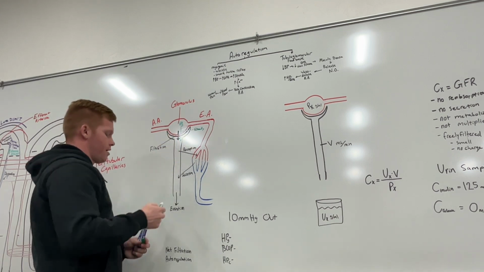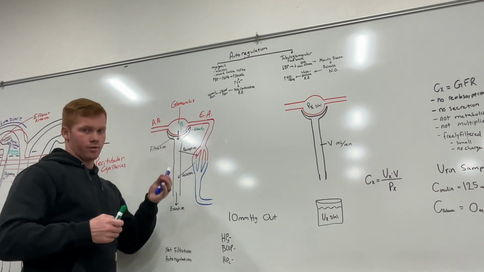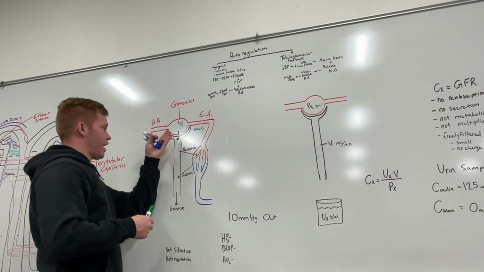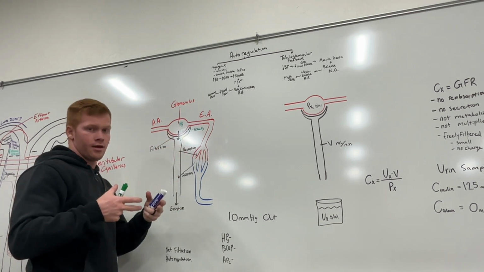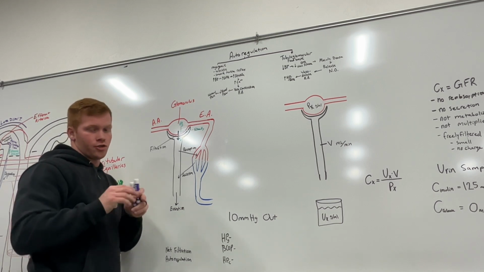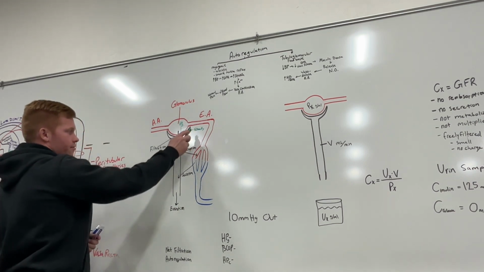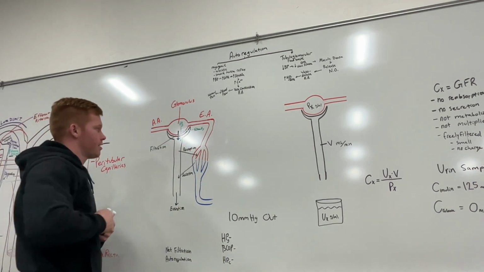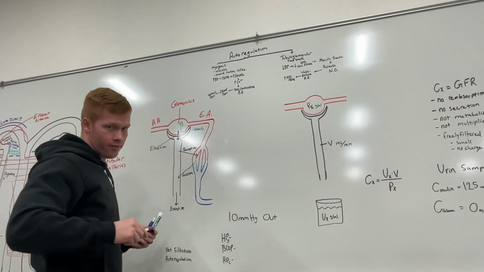Hydrostatic pressure is just a pressure that's coming from the blood. Kind of like if you have a high blood pressure, it's going to cause a high hydrostatic pressure because we have a lot of fluid in that small area. So that high pressure is going to push things out. And so that's usually at 50 millimeters of mercury.